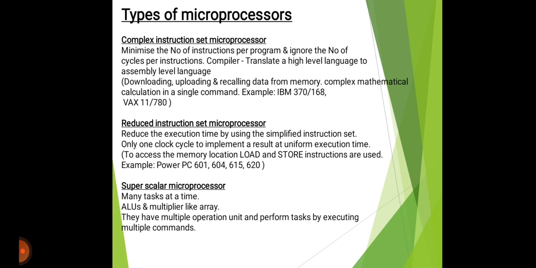These processors are designed to minimize the number of instructions per program and ignore the number of cycles per instruction. The compiler is used to translate a high level language to assembly level language because the length of the code is relatively short, and extra RAM is used to store the instructions.